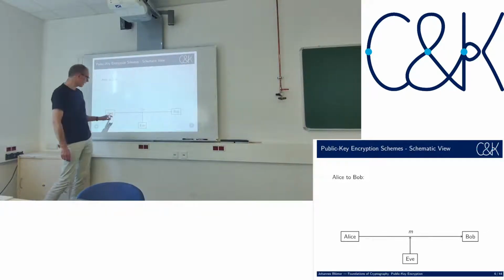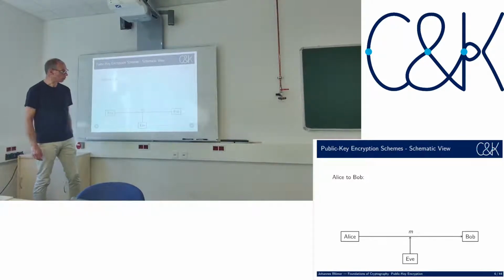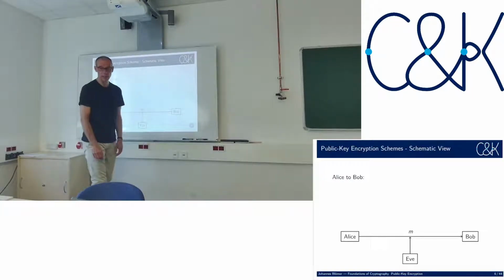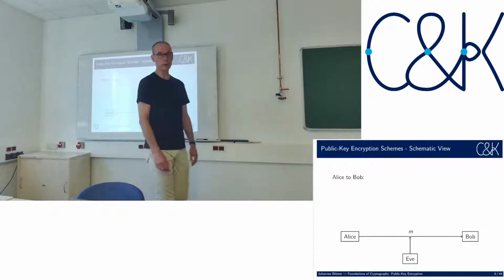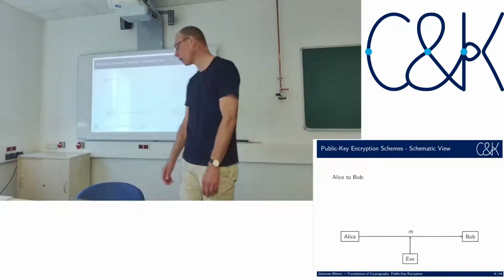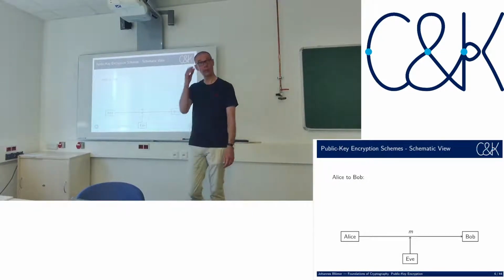We look at the case where Alice wants to send a message confidentially to Bob. In particular, she wants to avoid that Eve, who is eavesdropping, can understand what she's sending. So we cannot send the message in plain. We have to do something different.